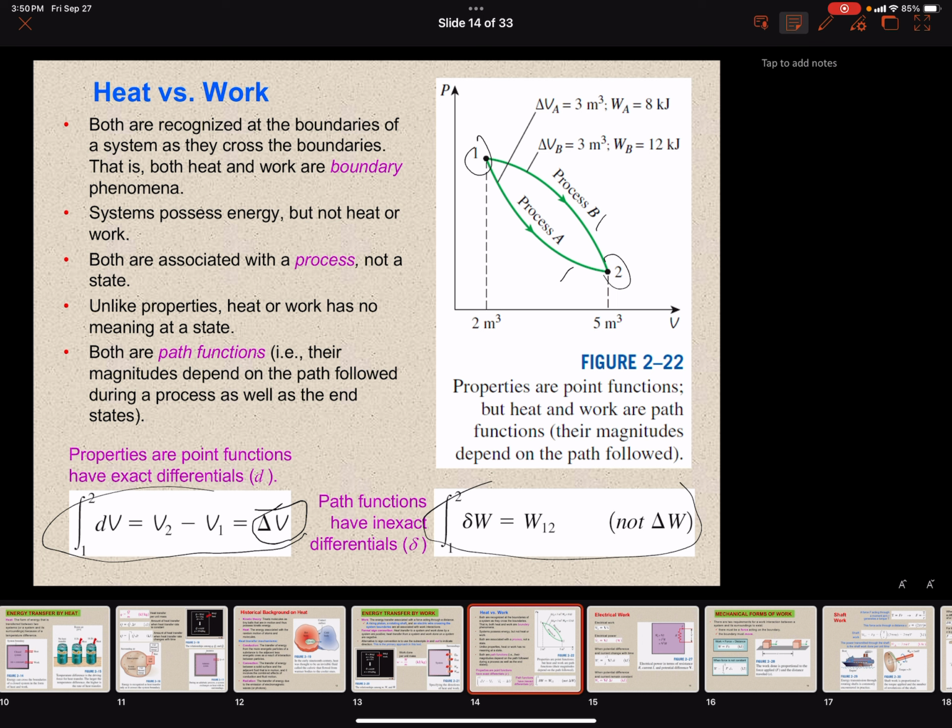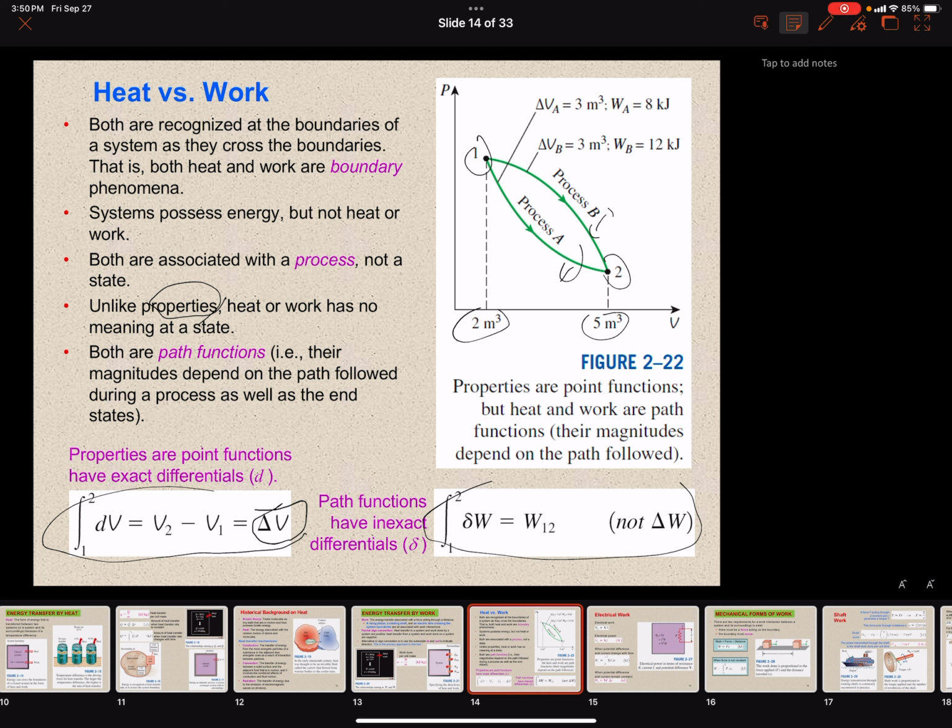So the final one minus the initial one will be 5 minus 3, which is 2. So we don't care about which path you took. This is for volume. So the properties will not affect it.